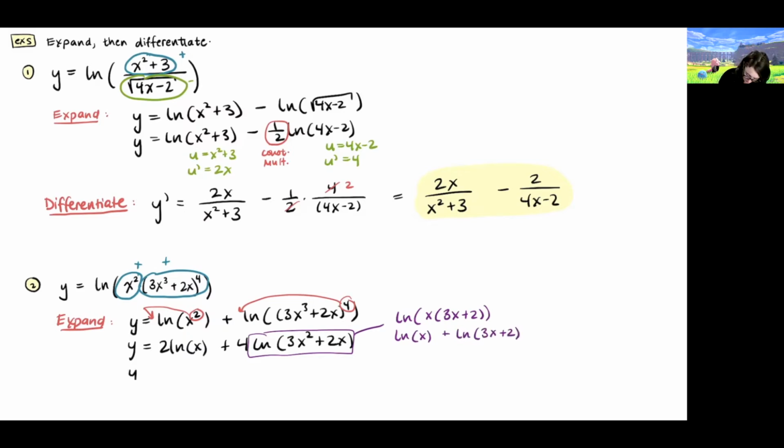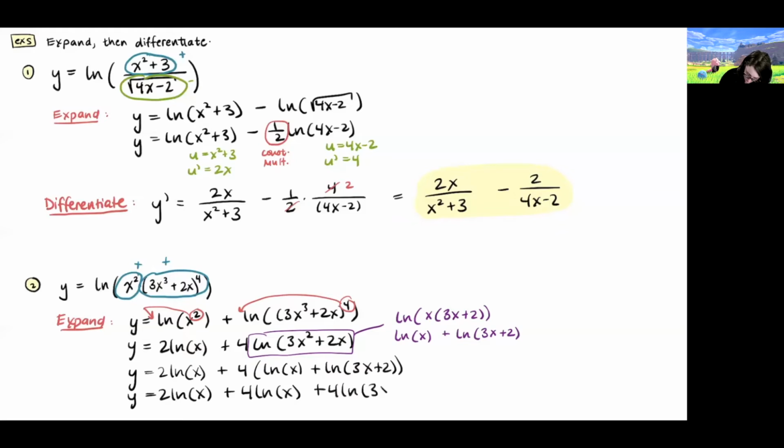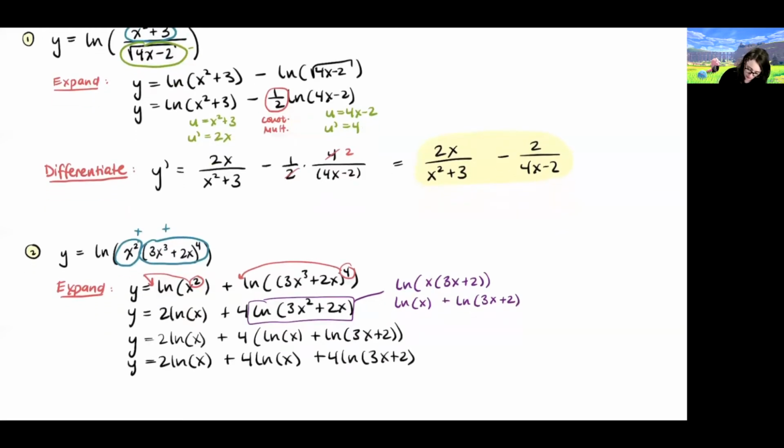Okay, so let's see, we've got 2 natural log of x, nothing's changing there. Then we have this 4 times the natural log of x plus the natural log of 3x plus 2. We're going to just distribute that 4 into the parentheses. And then here we've got 2 natural log of x plus 4 natural log of x.